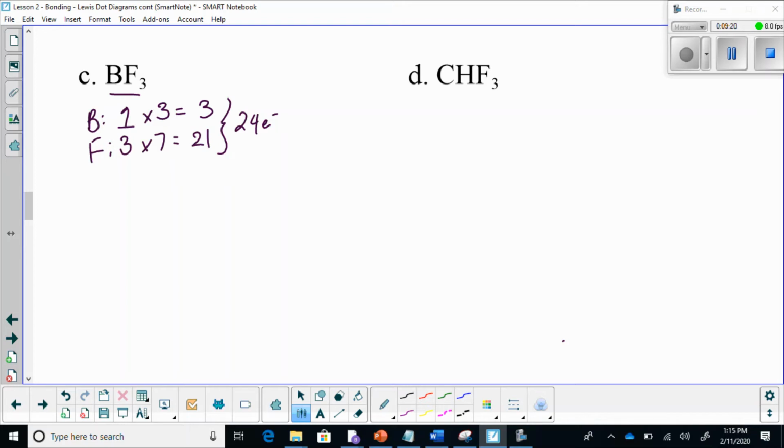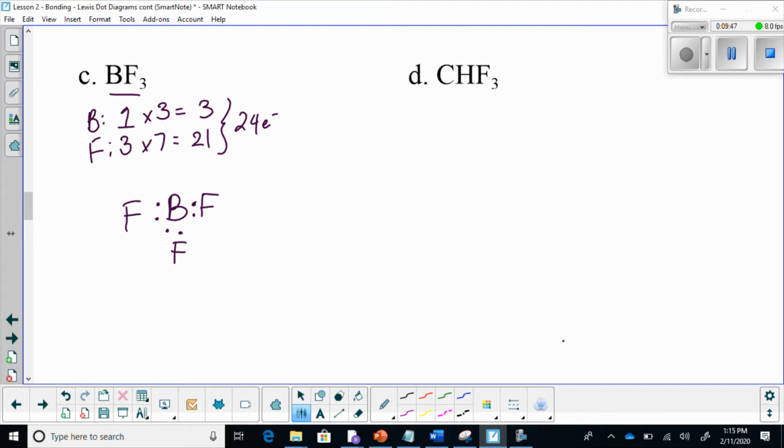My central atom is going to be what? Boron, okay? Boron is in the center. Fluorine, fluorine, fluorine. Now boron is special. It only needs 6. It requires a sextet. So you're first going to place the electrons where a bond is needed, to not have a lone pair unless you need it.